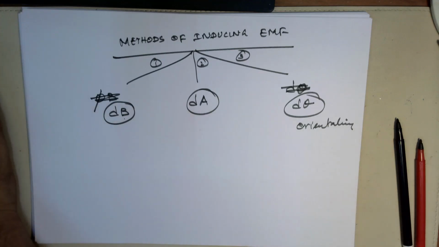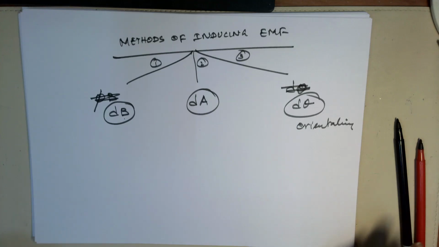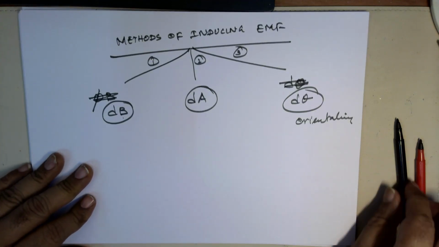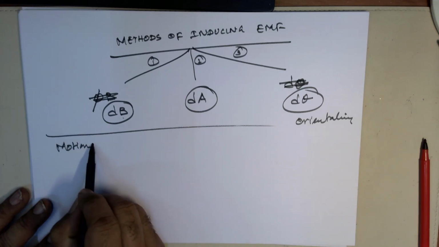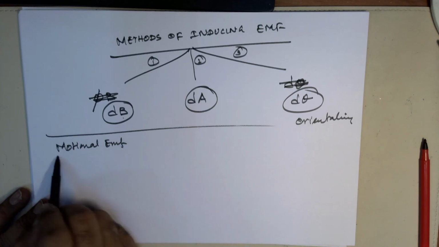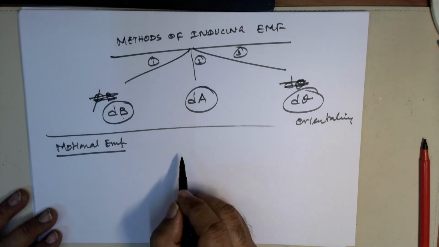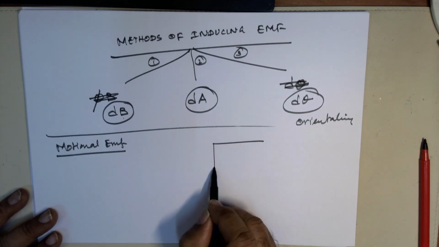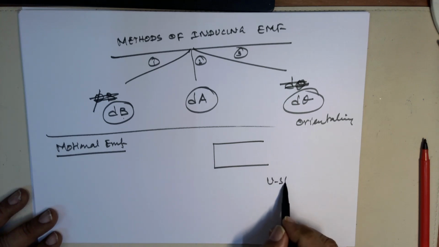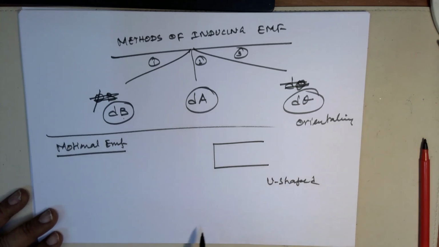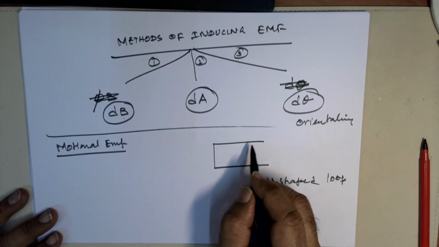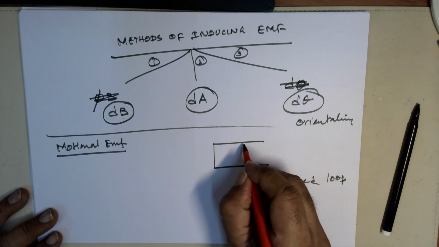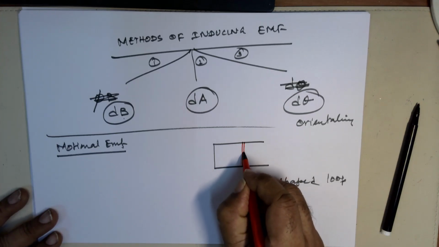Now let me see the motional EMF. Let me consider a U-shaped loop where I have kept a moving rod PQ.